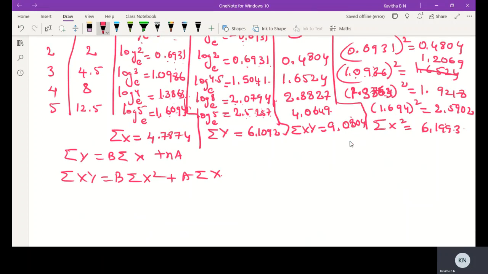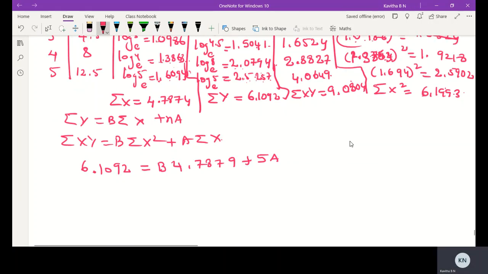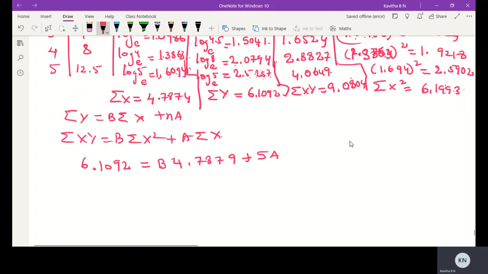Summation of Y here is 6.1092. Then B into summation of X, which is 4.7874, plus N. How many elements are present here? 1, 2, 3, 4, 5. 5A.